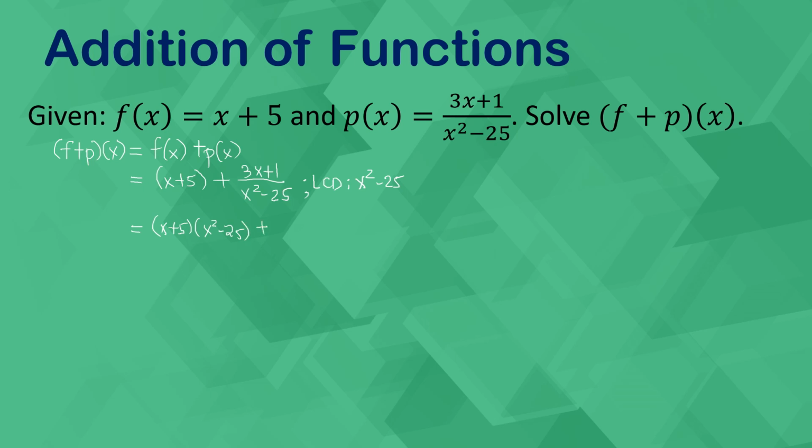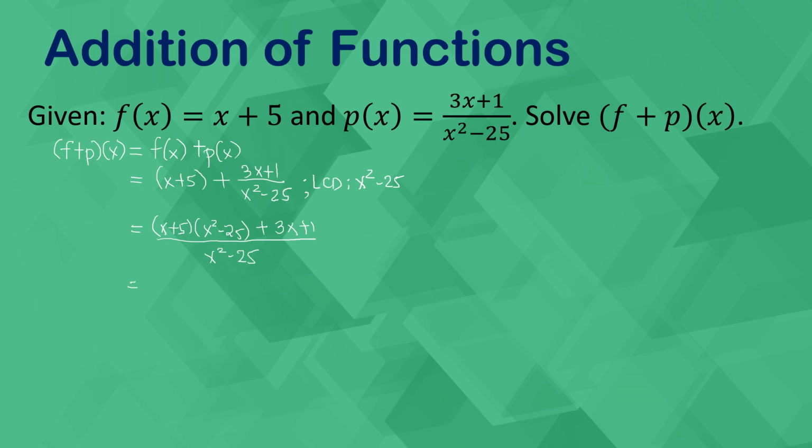Plus the LCD, x squared minus 25, divided by x squared minus 25 is 1 times the numerator 3x plus 1. So plus 3x plus 1 over, we just copy the LCD. Then we multiply the two binomials.